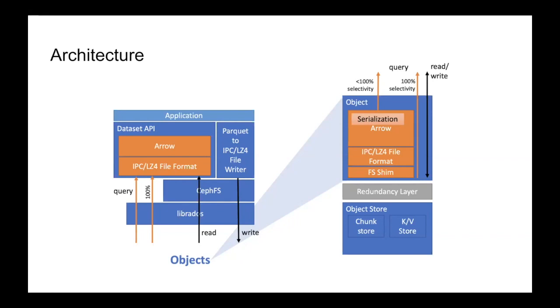So the query happens on the object, and the resultant data is returned in Arrow IPC format. This entire client-side interface is coordinated through the Arrow dataset API. So that's about the architecture of the client and server side of Skyhook.